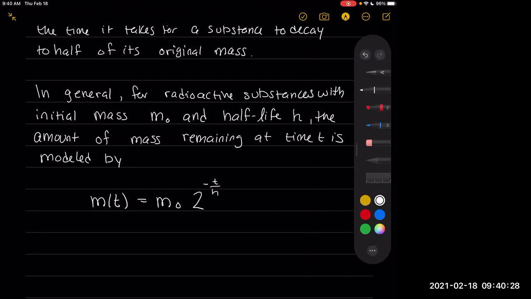The reason we have a negative exponent is because our mass is decreasing, it's getting smaller.